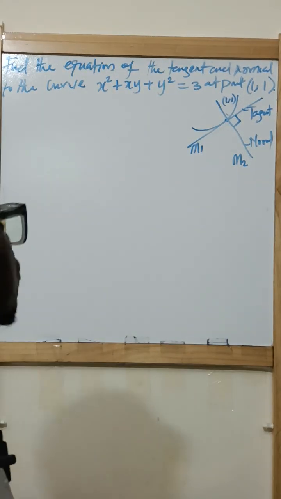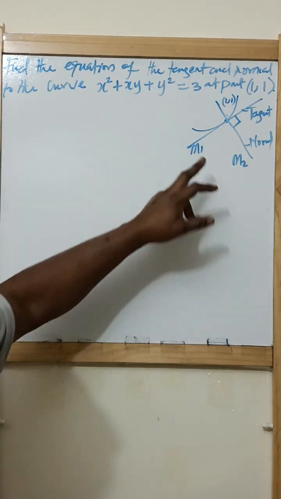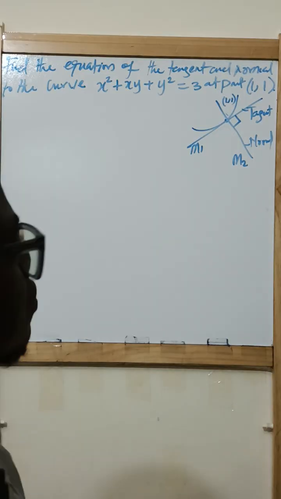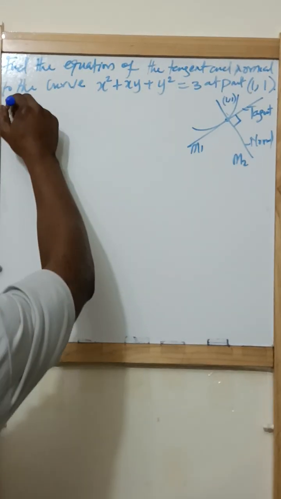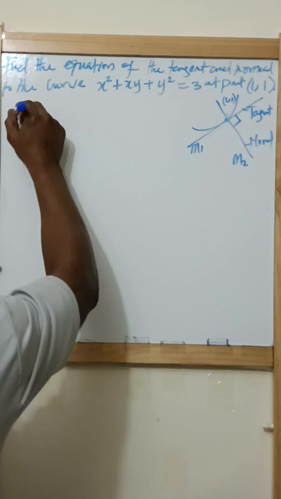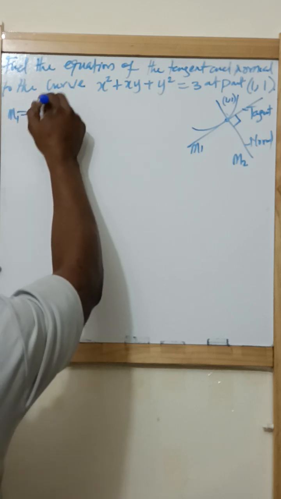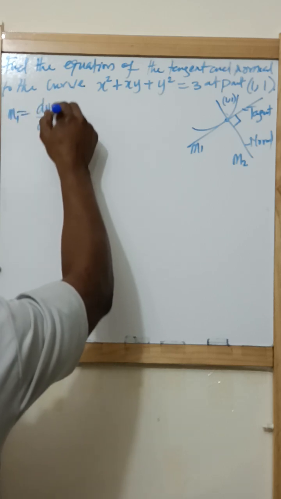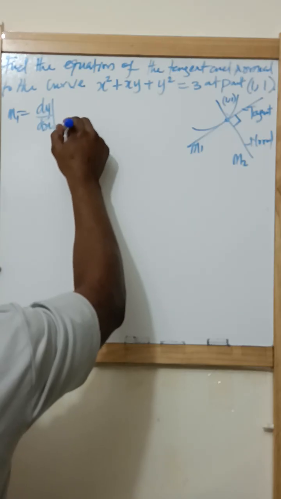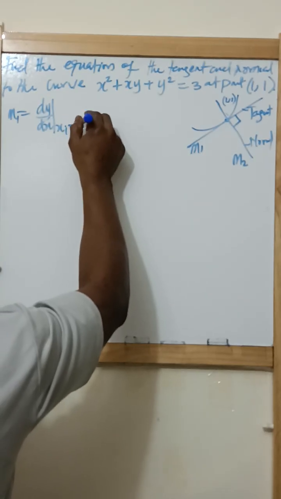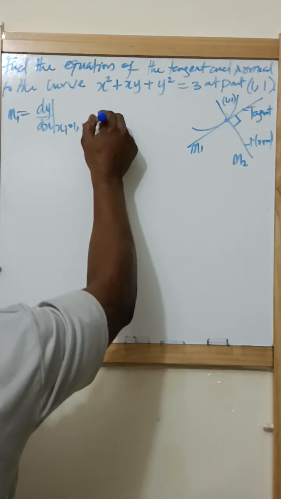Okay. So the first thing we want to do is to get m1. What is m1? m1 is dy/dx when x1 is given and y1 is given.